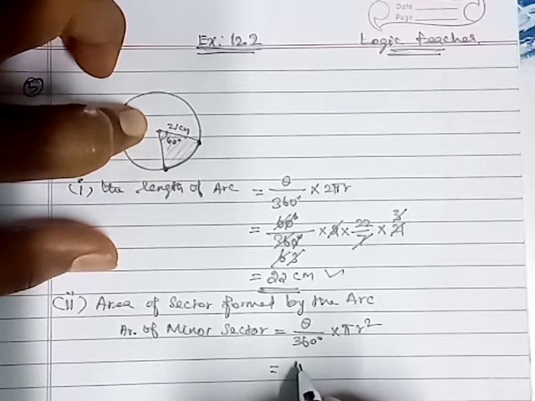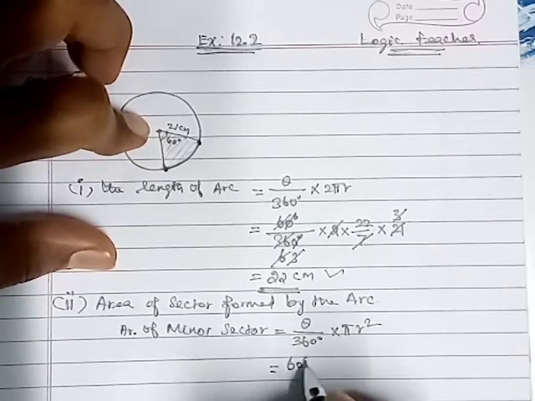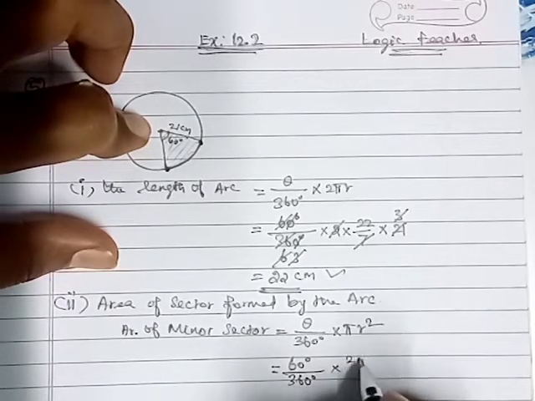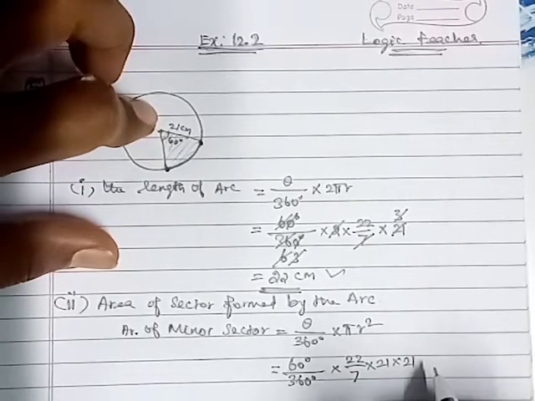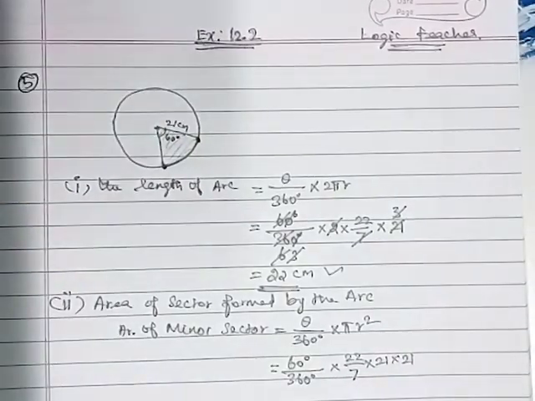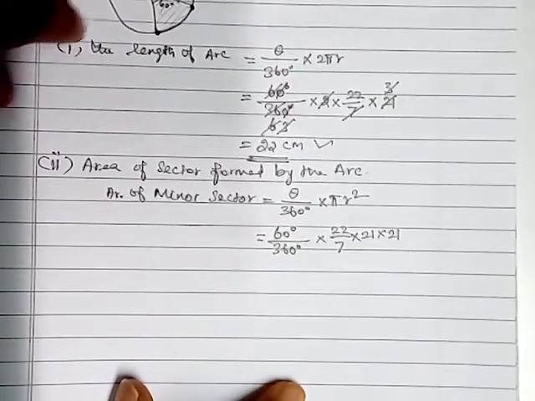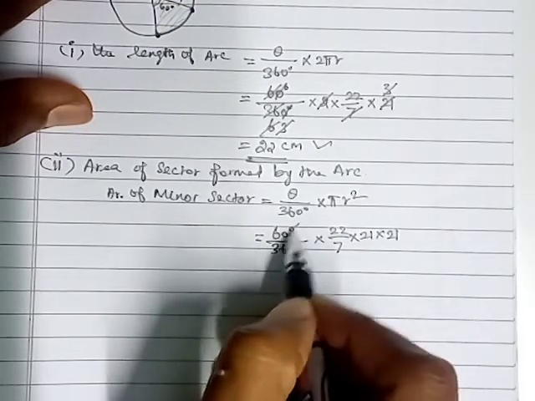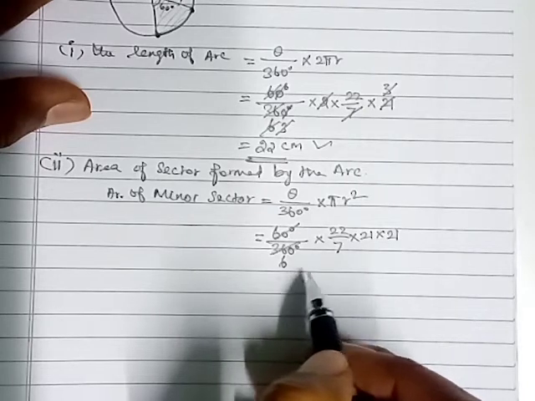So this theta is 60 degree, right? 60 degree by 360 degree into pi value is 22 by 7 into r is 21, so 21 into 21. Okay friends, now we'll do the calculation. 6 60s are 360, right?